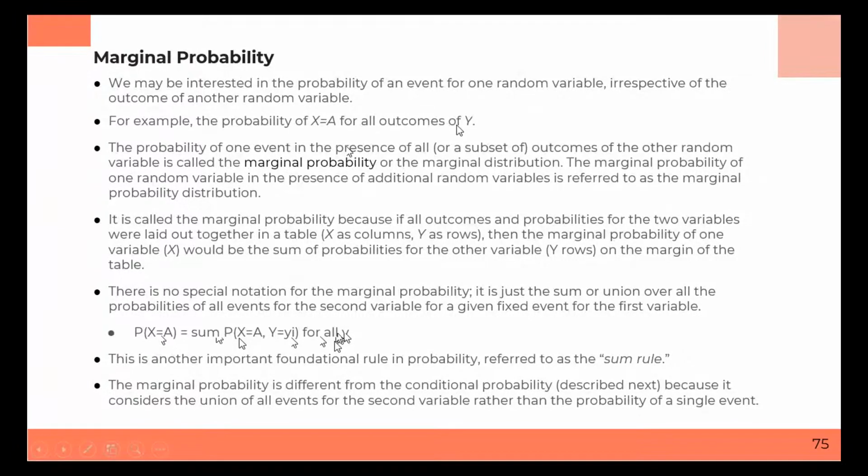All right. This is another important foundational rule for probability. We are calling it the sum rule. But for joint probability, which rule are we calling? Here we are saying sum rule, this is the OR rule.